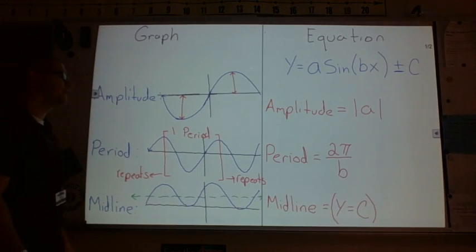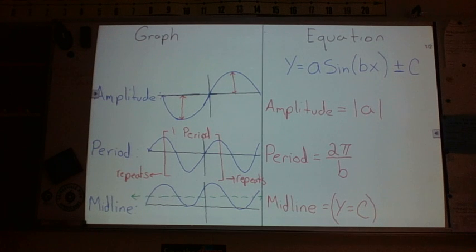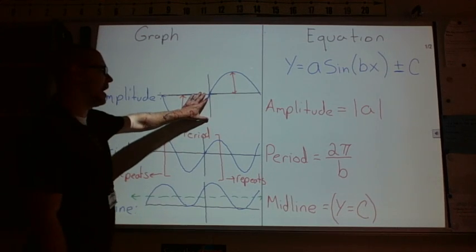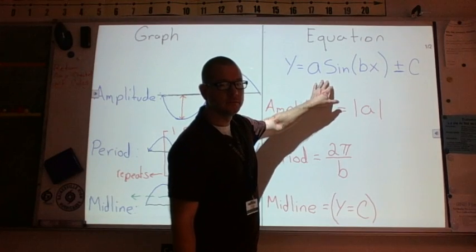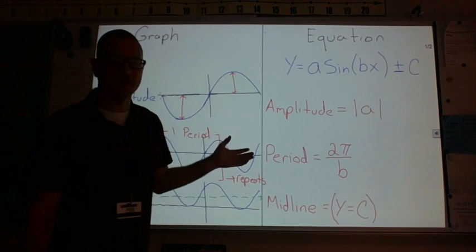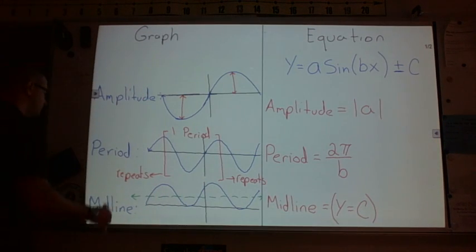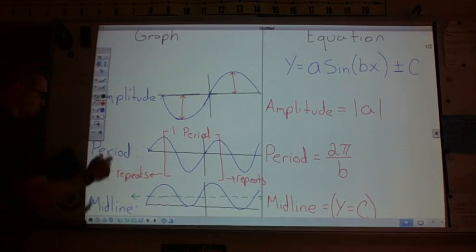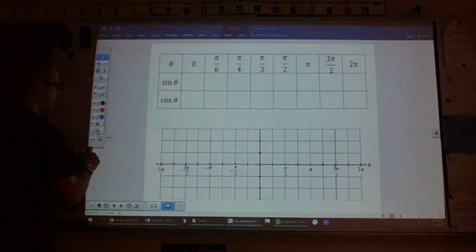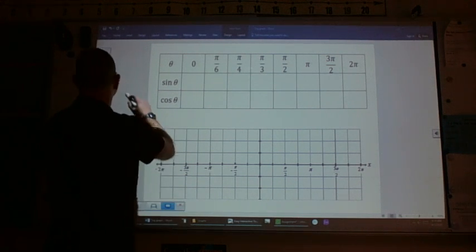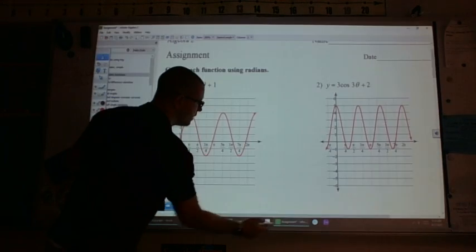Those are our features. And what I'm going to ask you to do is identify these features either from the graph or from the equation. So I'm going to do an example of that from the graph now, but we can do it from the equation as well. Let's go back to our desktop. Got to get rid of that, but you can look back earlier in the video to see it, and then our assignment here.